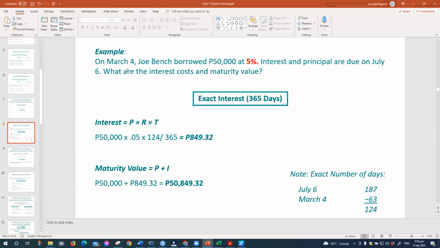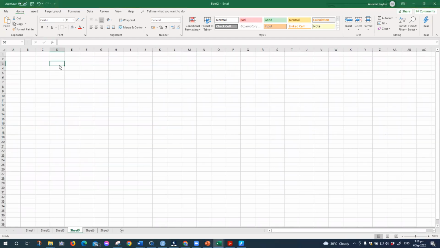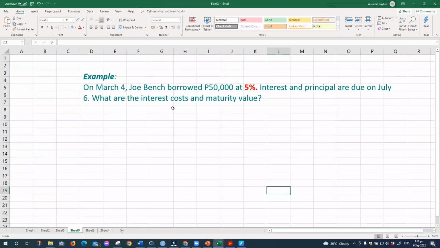Alright, on March 4, si Bench daw borrowed 50,000 at 5% interest. Copy nga natin to. Control C. Okay. Ito natin kay Excel. Okay.